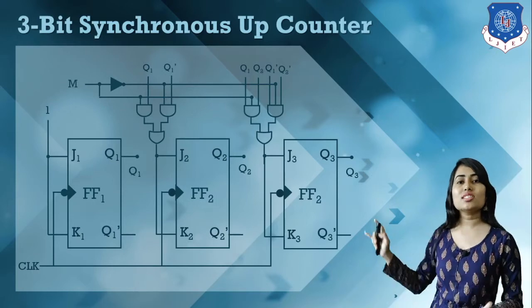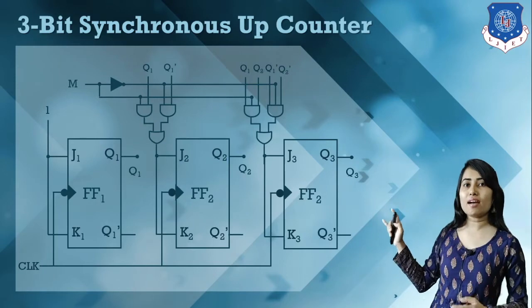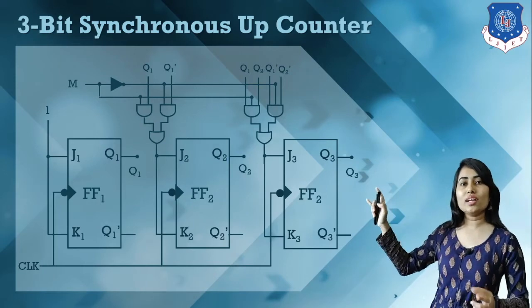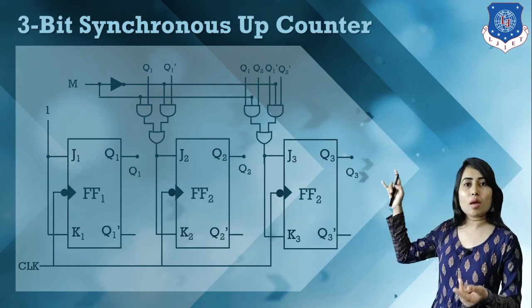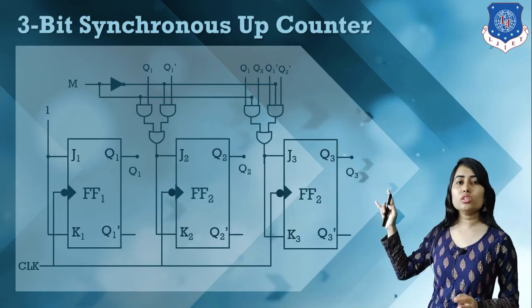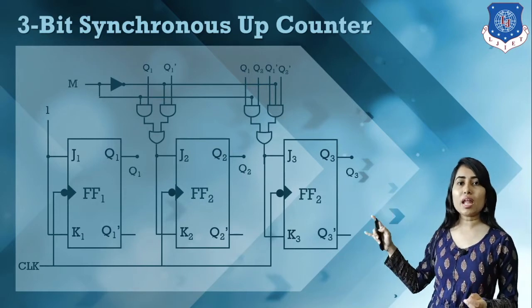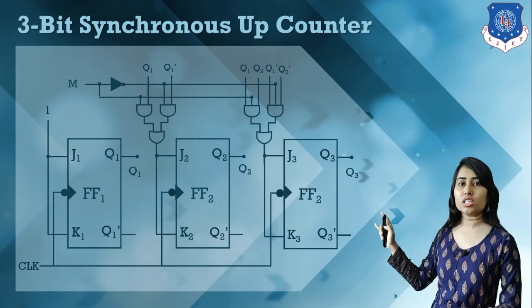This is the second flip-flop input. In the third flip-flop we have M into Q1 into Q2 in one AND gate, and in the second AND gate we have M dash Q1 dash Q2 dash. The outputs of both AND gates are applied to the OR gate, and the output of the OR gate is applied to J3 K3.